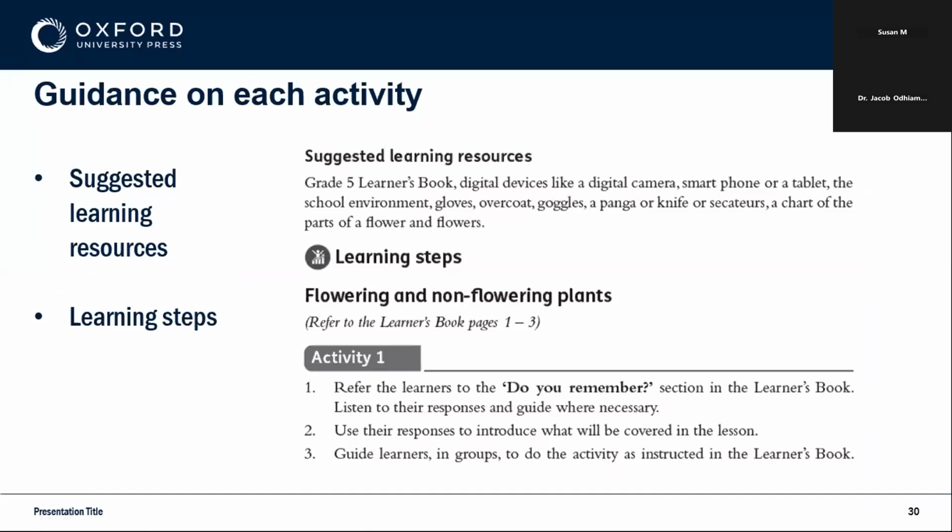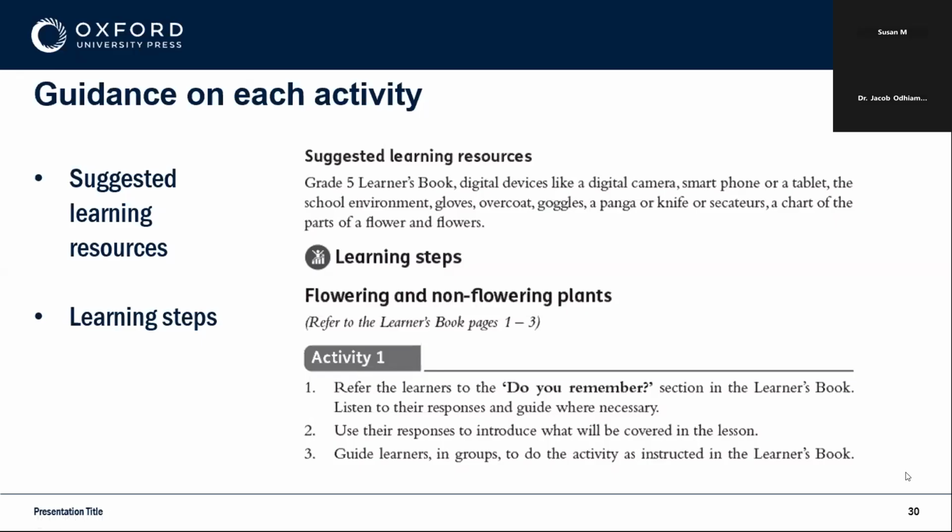And then in the teacher's guide, for each activity, the teacher's guide has given suggested learning resources. If the teacher can improve on that, well and good, as long as the learning outcome is achieved. And we are not capturing the learning outcomes in the TG this time.